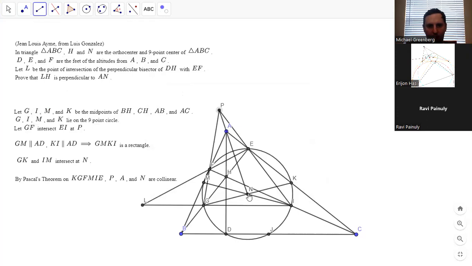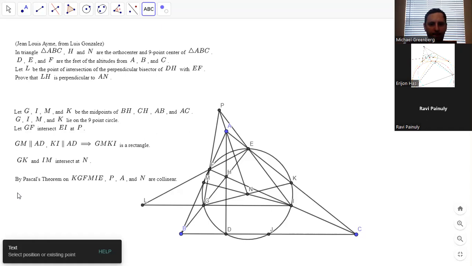And then by Bricard's theorem, LN is perpendicular to NP.